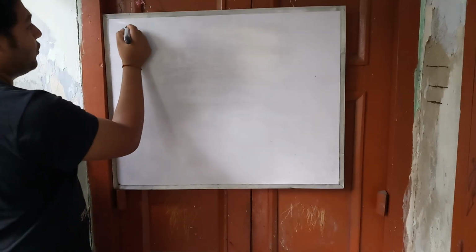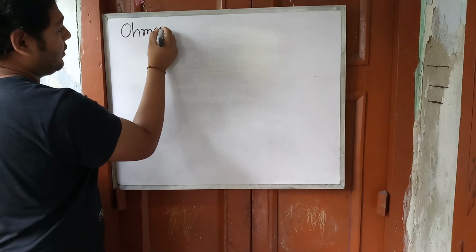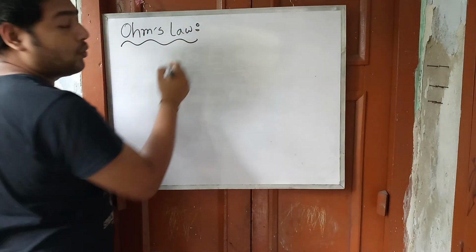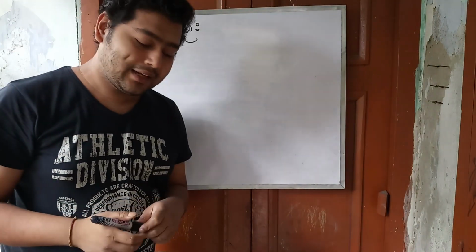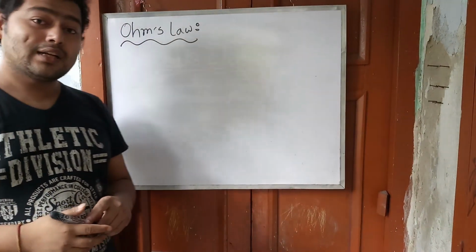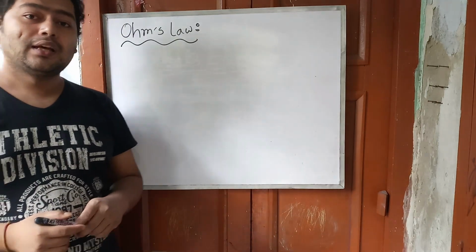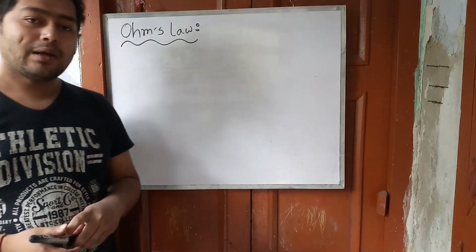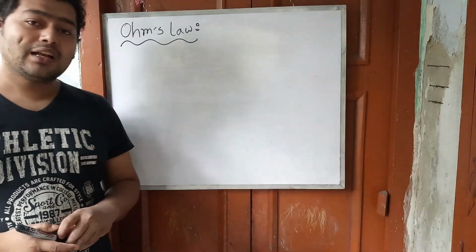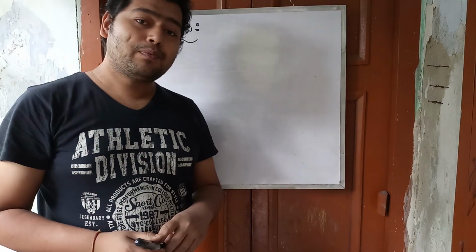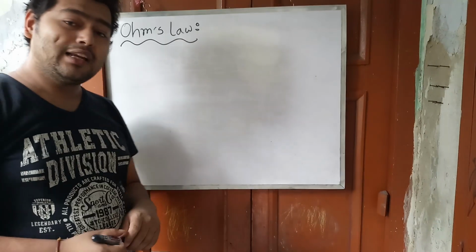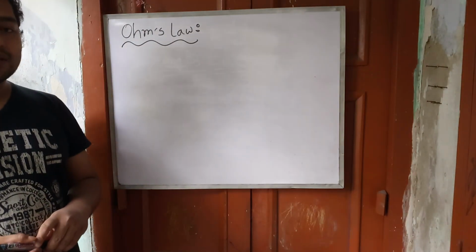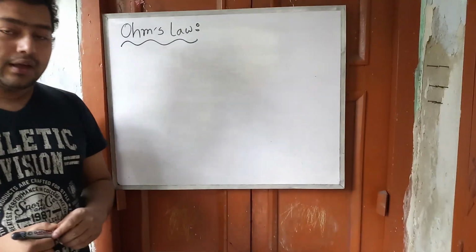Ohm's law. Ohm's law is defined at constant temperature. The condition of this law is that temperature must be constant. At constant temperature, the potential difference between two points of a conductor is directly proportional to the flow of electric current.